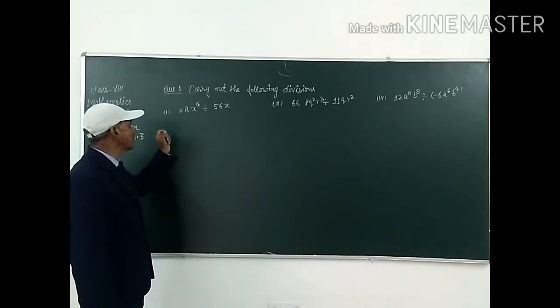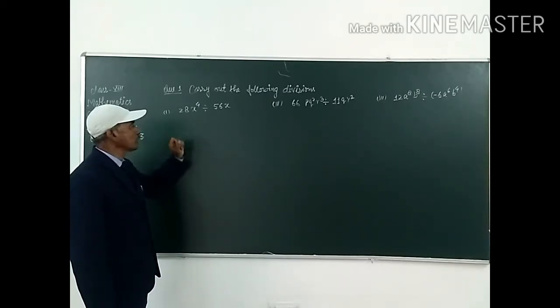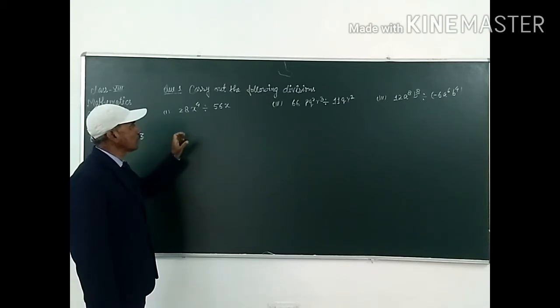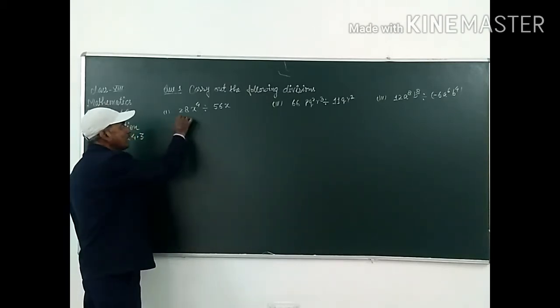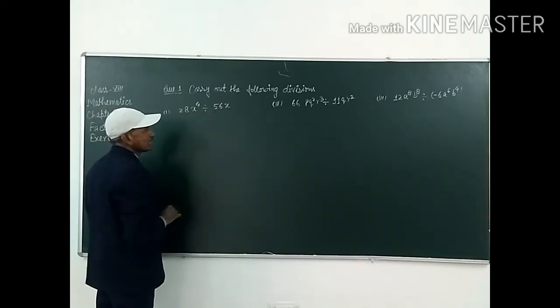And first part of this question is 28x to the power 4 divided by 56x. So, students, we have to find out the division of these expressions. We have to divide this 28x to the power 4 by 56x.